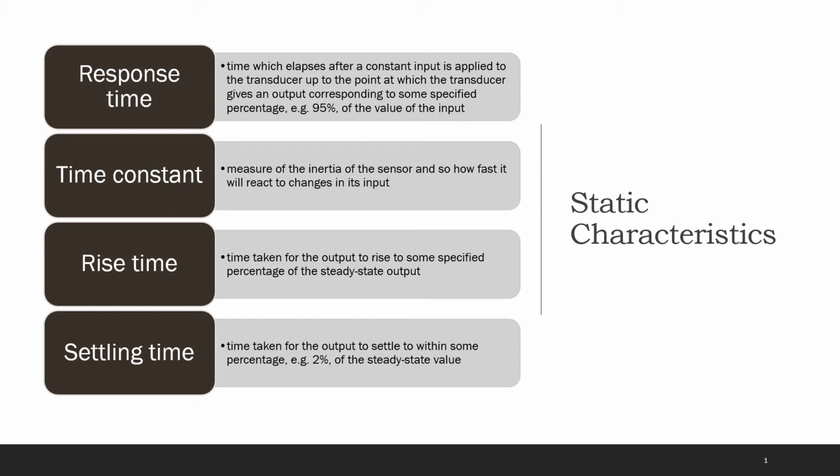This is a very significant characteristic of a transducer. The higher the time constant, the slower the transducer will be in responding to a signal. The reason behind the 63.2 value we will deal with later.